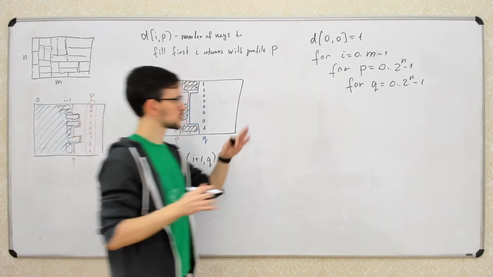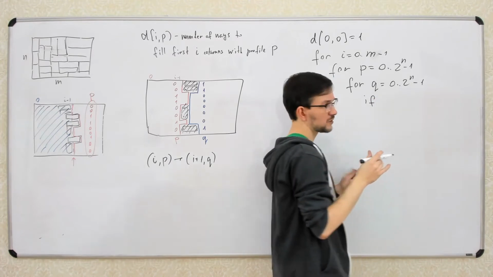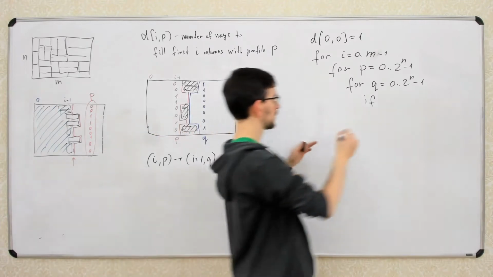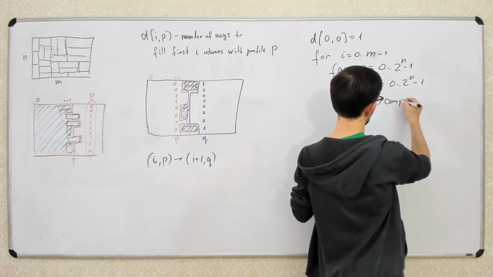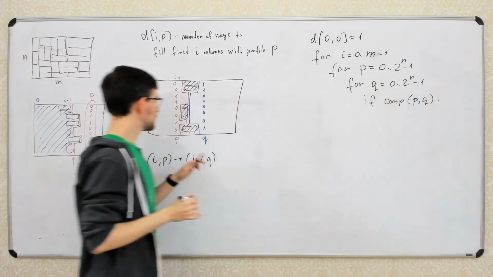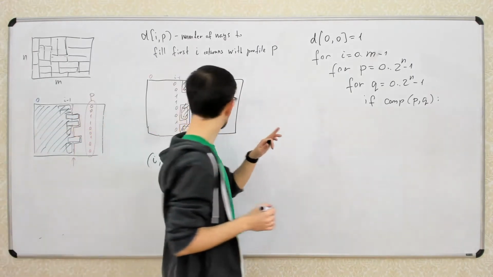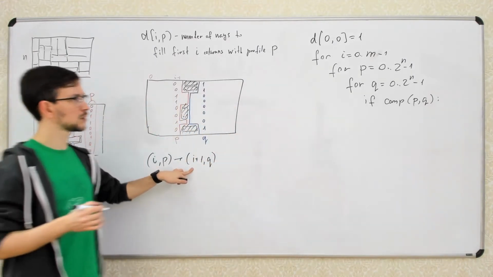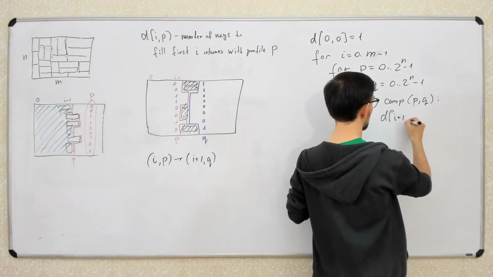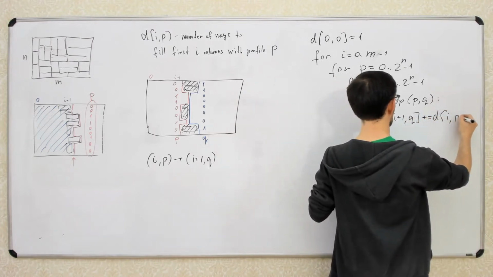I'll just use some procedure, let's say these two profiles are compatible if you can go from one profile to another profile. So if you can go from this profile to this profile, then you move from this state to this state. So you simply make d[I plus 1][q] plus equal d[I][p].